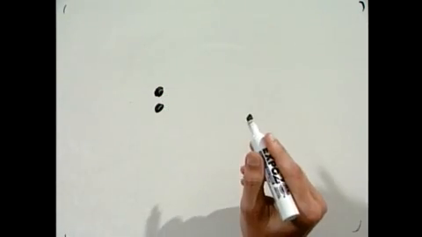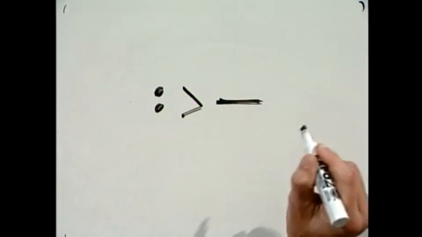Holam and kametz chatuf or kibbutz, they go together. But usually, when you see a vocal schwa, yes, it can go back to a hirik, yes, it can go back to a kametz chatuf. But usually it goes back to a short vowel, and normally that vowel is a patach. So you want to keep that in mind.